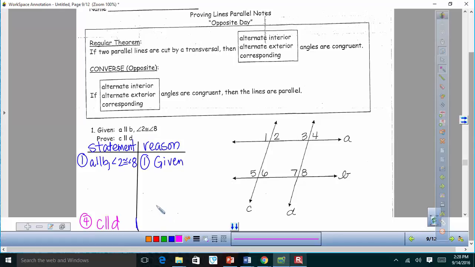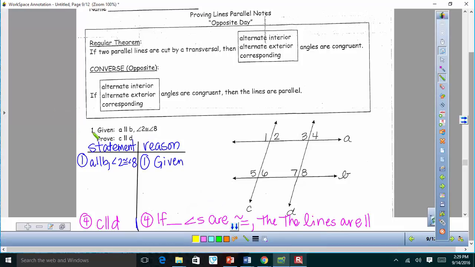So write the converse as I write the converse: if blank angles are congruent, then the lines are parallel. A lot of people get confused with whether the third or the fourth step comes first, and if you write this, it's going to keep you knowing which one is first.